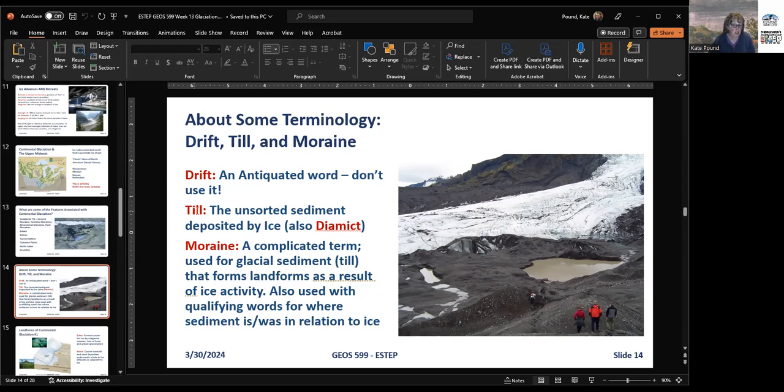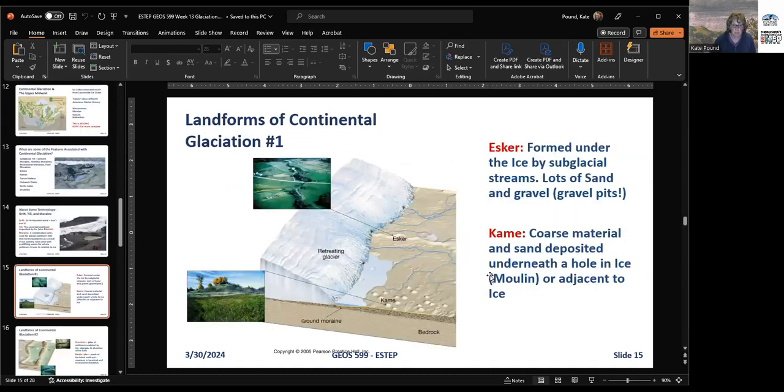We'd call this till, or possibly call it moraine, supraglacial moraine. Here's a little lake on top of the ice. It's a very messy, complicated area. So just look at this and think about how complicated understanding the glacial sediments of Minnesota must be.